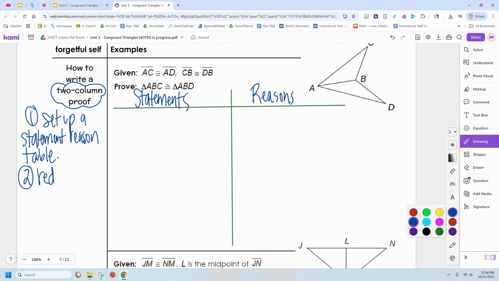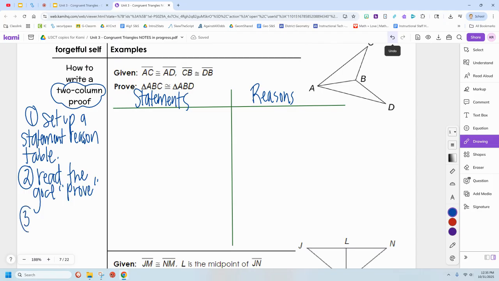Read the goal, which is the word prove. Read the givens.